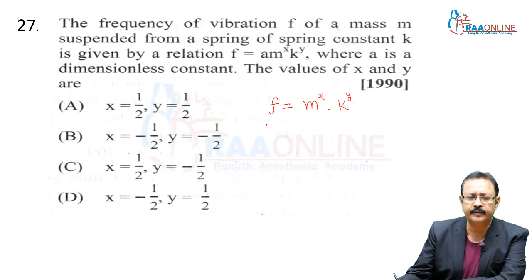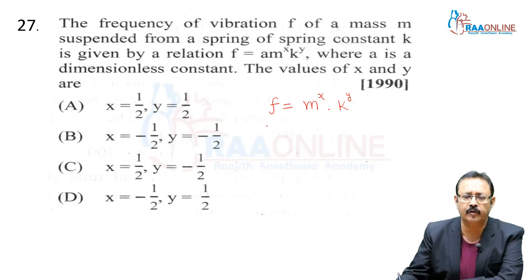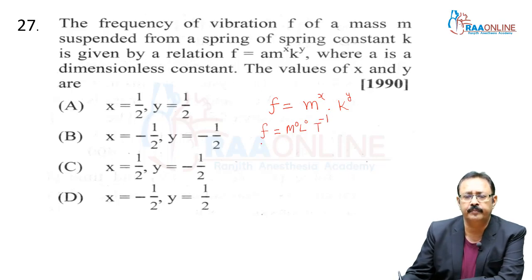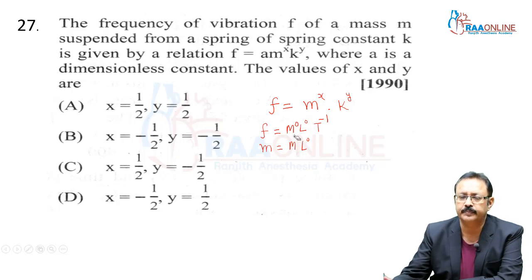Now, first we will see the dimensions of all physical quantities individually. F is frequency, means 1 upon time, no mass, no length. 1 upon time means T raised to the power minus 1. What is m? M is a mass, M1 L0 T0.